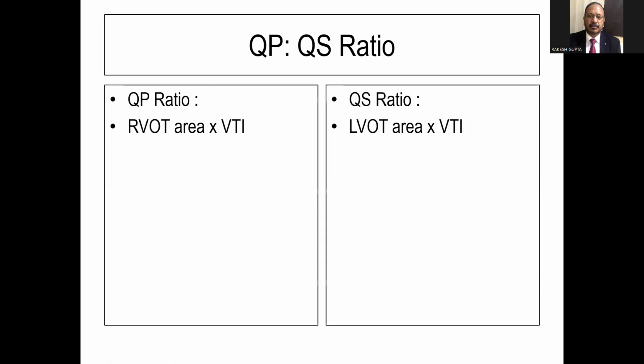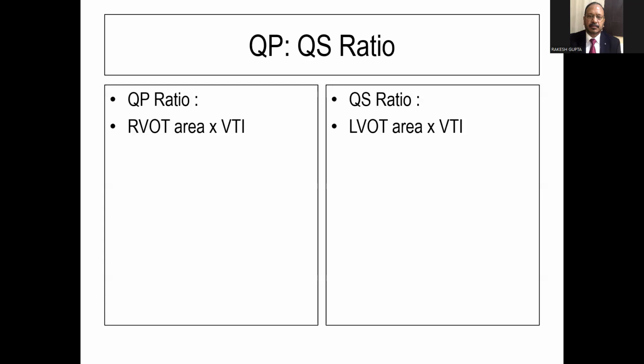Now example comes, suppose I've got a patient of ASD. So what will happen to the patient of ASD? His stroke volume at the level of pulmonary artery or RVOT would be much more than at LVOT. Similarly for VSD.